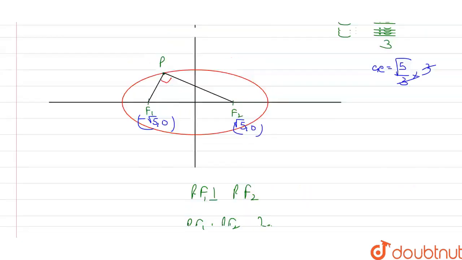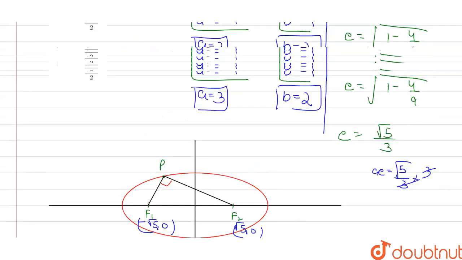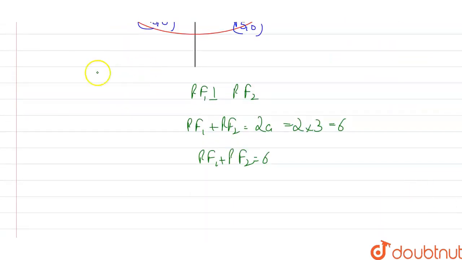The value of a according to the equation is 3, so this becomes 2 into 3, which is 6. So PF1 plus PF2 is 6. And the question says PF1 equals 2 times PF2.